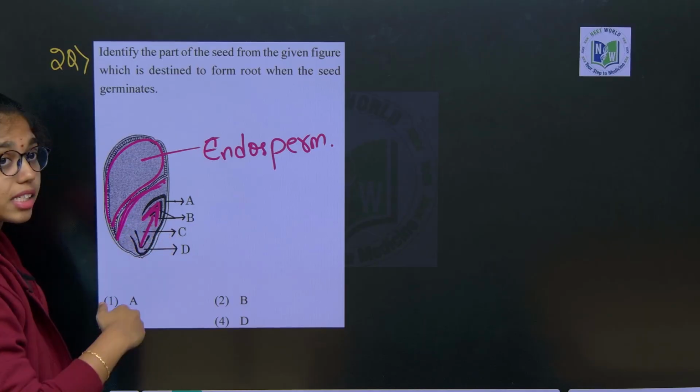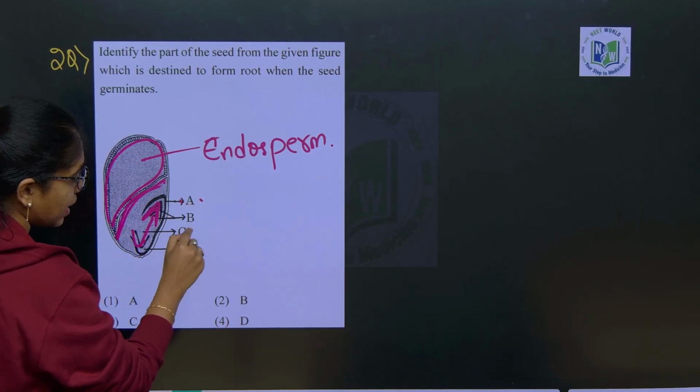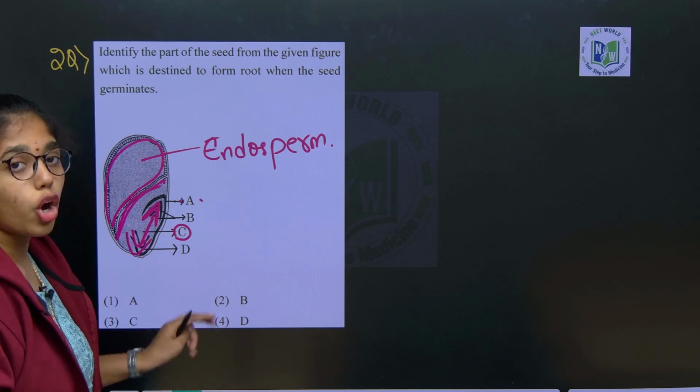Covering the plumule there is a protective sheet, that is coleoptile, and here at the C region radicle, covering the radicle the protective sheet is coleorhiza.